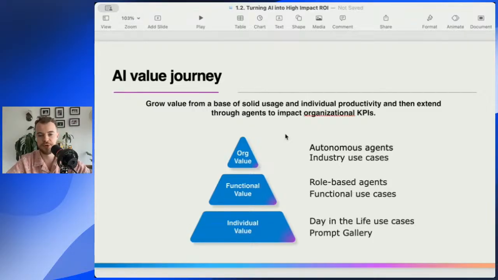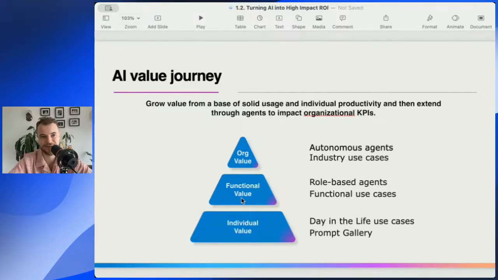Well, there's three levels of value. I showed this in my previous webinar, which you can find on the Apply Chat YouTube: individual, functional, and organizational. So individual is just a user, so one person using it to create messaging, going into candidates, etc. Functional would be more agent-based, role-based agents, ones that maybe operate across the recruiting team.